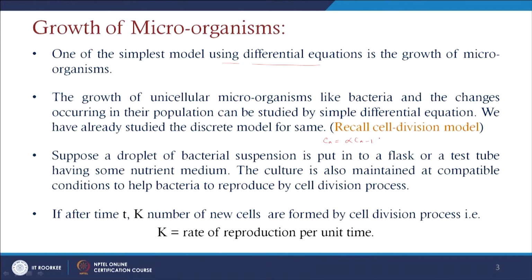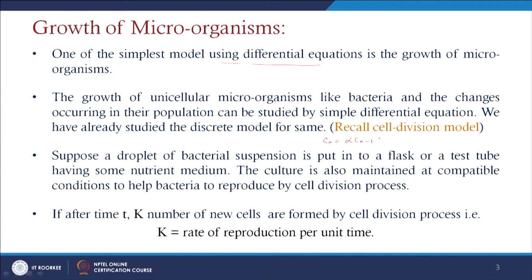Many restrictions are there, but first we go for the development of the model where there is a uniform growth of the population level, since supportive, compatible conditions for the growth process of bacteria are provided. That is why we have considered that the culture is maintained at compatible conditions to help bacteria reproduce by the cell division process.